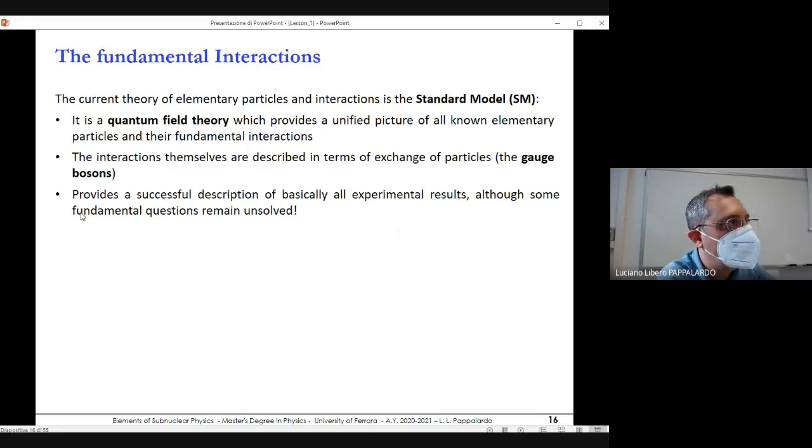Okay, and this is the reason why there is a huge search in the world, in all laboratories, for new physics beyond the standard model. Okay, for the moment, I mean, we know that there must be some new physics beyond, but we don't have a clear proof from the experiments at the moment.